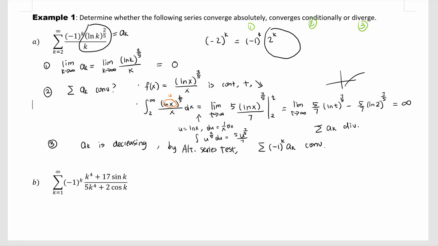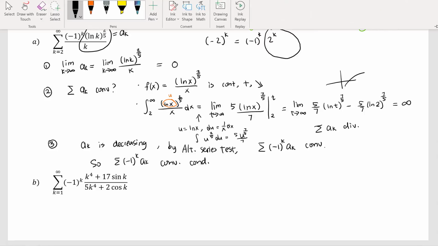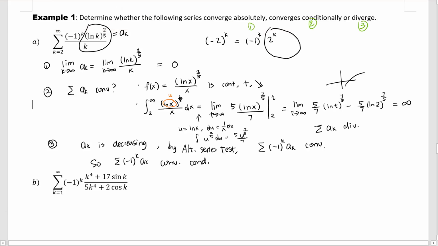Because the series of a sub k diverges but the alternating series converges, the alternating series converges conditionally. Okay, everybody? So this is the complete solution process of this problem.